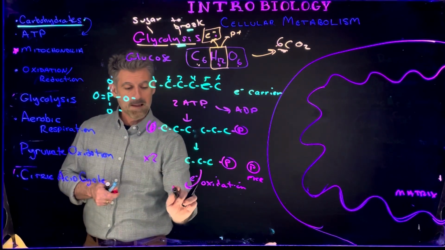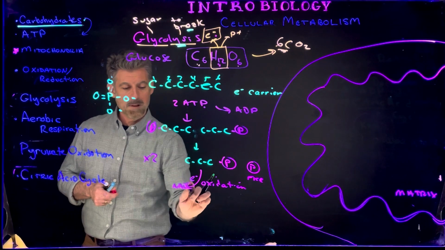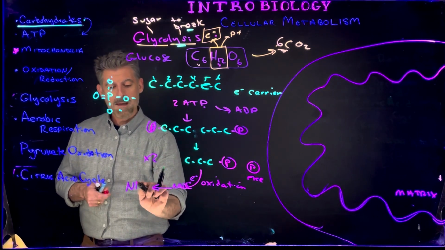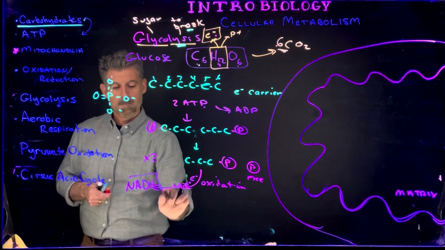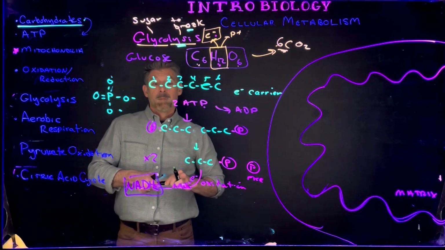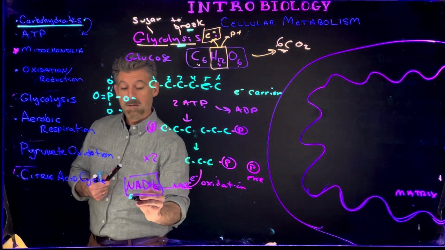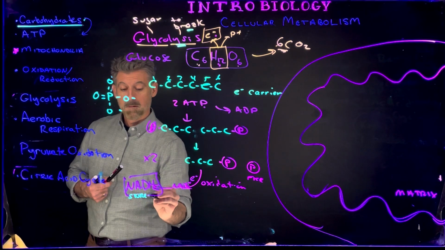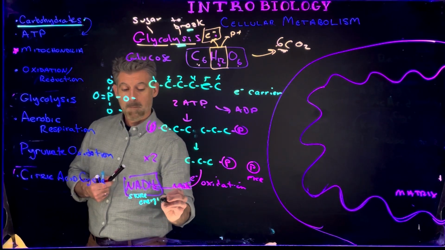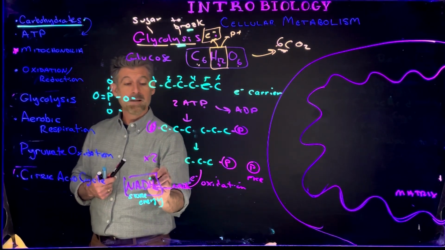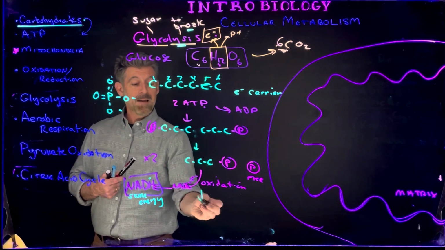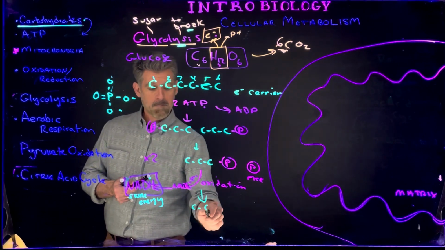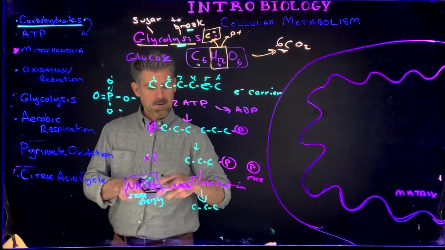So given the electrons to NAD+, and that's what we're going to make the NADH. But that process is going to store energy. In addition to storing energy here, it releases enough energy during the process to add this extra phosphate.